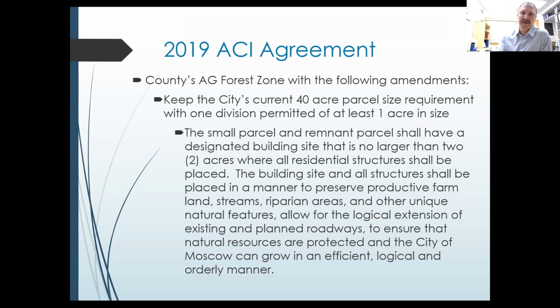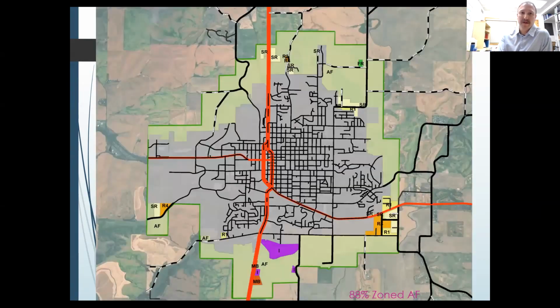And I think that sums it up fairly well as to the intent of those properties within the area city impact. So this brings up a zoning map within that area. I mentioned previously, a large portion of the lands there are zoned ag forest.